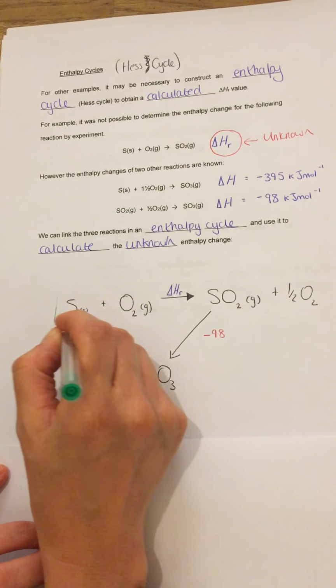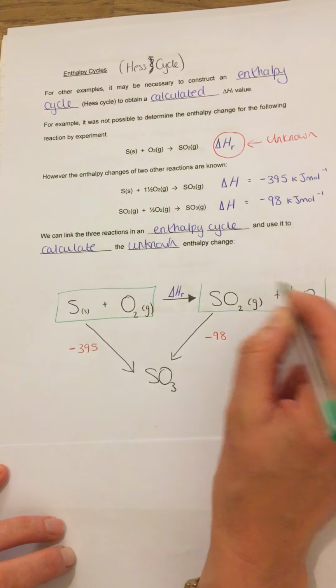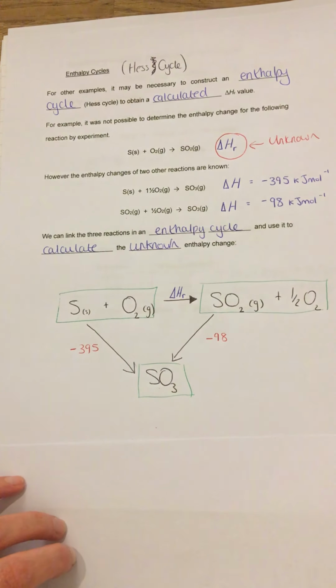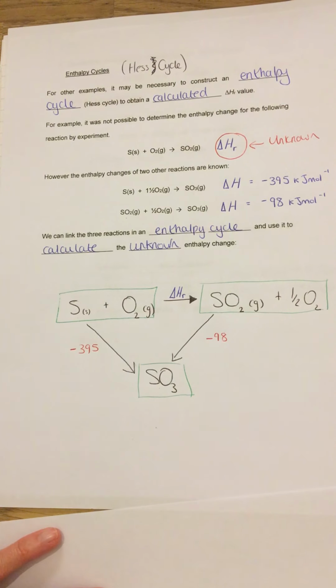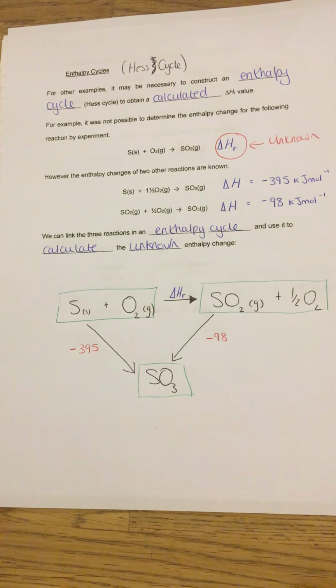So what I tend to do when I look at a Hess cycle is I look at the substances at each corner of the triangle. You should always be able to spot where the start of the cycle is and where the finish is. The start is where we've only got arrows leaving, only arrows going out of it.